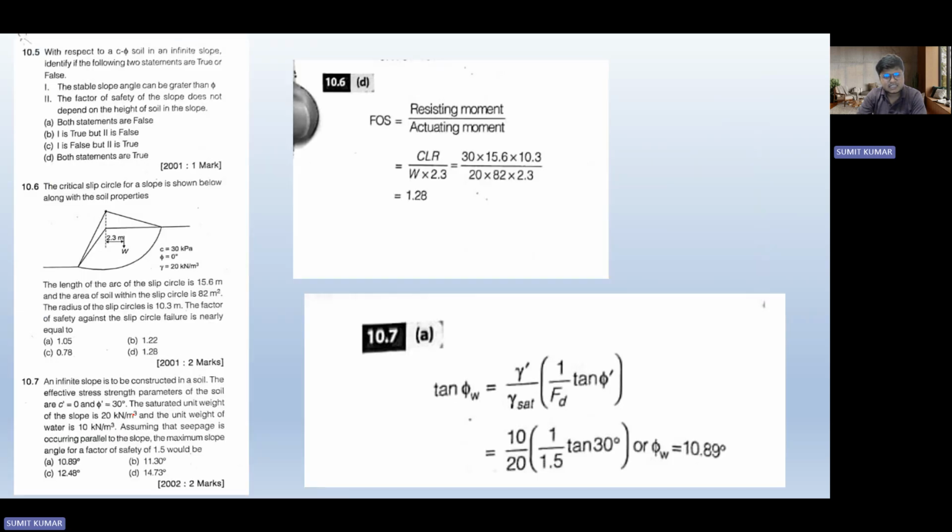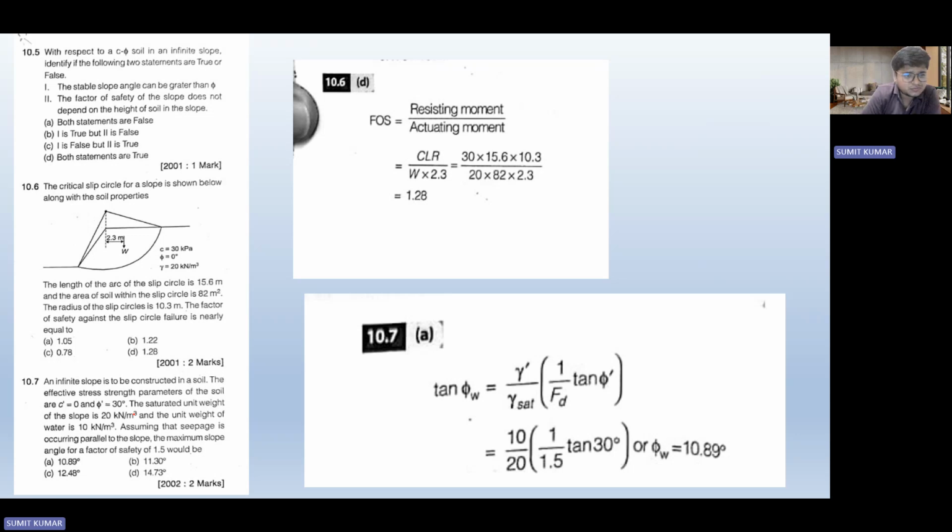Next is the question in which it has been asked that with respect to a C-phi soil in an infinite slope, identify whether the following two statements are true or false. The first is the stable slope angle can be greater than phi.